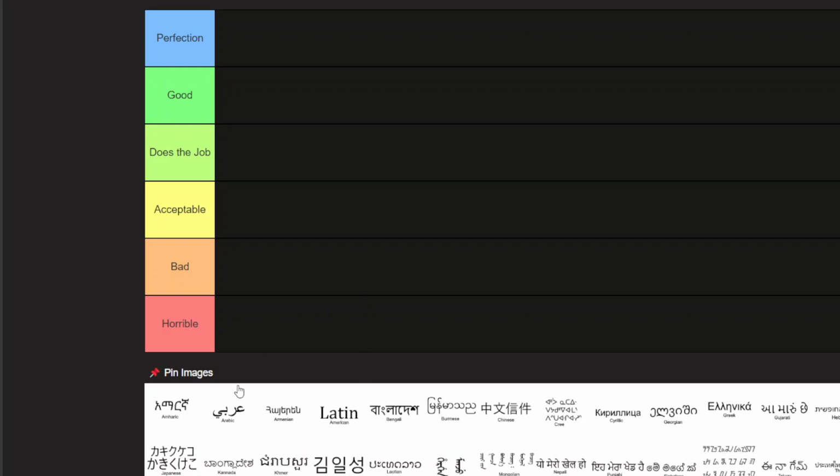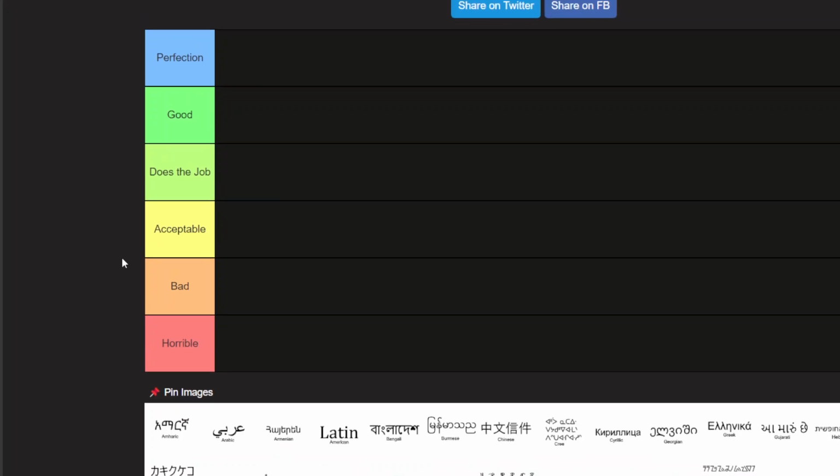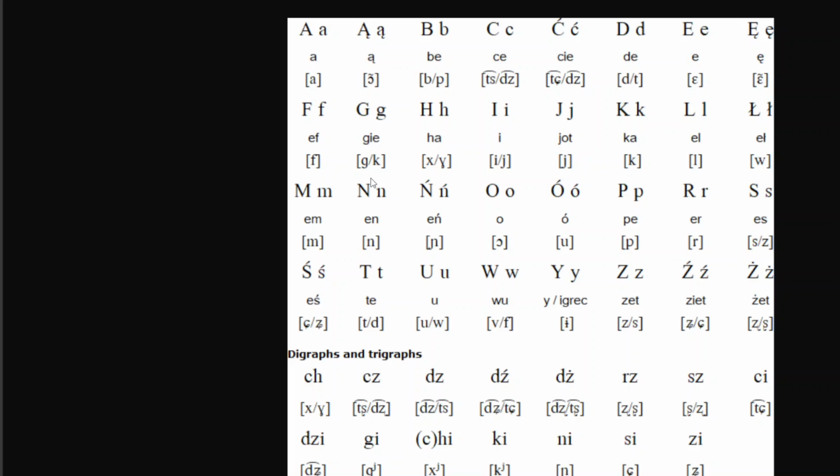So many languages use it, like English, Afrikaans, Portuguese, Spanish, but there is no agreement about what sound it makes. Now here's one, Polish. So A makes A, and then this one makes, I don't even know what that says. So many languages just add diacritics to different letters and then call it a day.